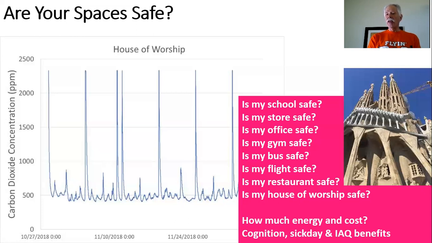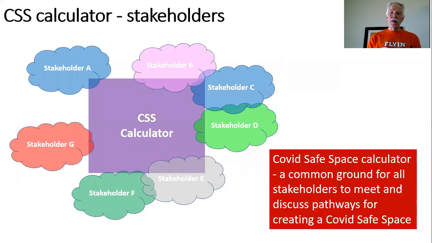And there are productivity gains beyond stemming the spread of COVID-19: your health, your satisfaction with air quality, your ability to sleep, your ability to think, and the reduction of transmission of other illnesses like the common cold and flus.